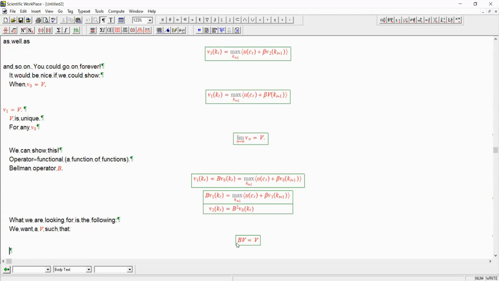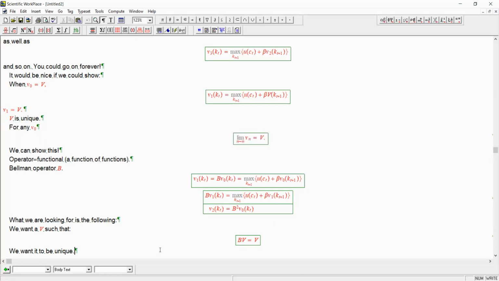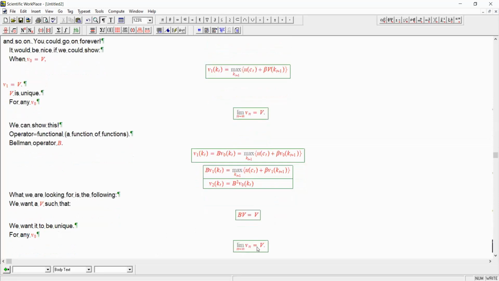Second, we want it to be unique. That would be wonderful. And third, we want this condition for any value of V0 that we start with, we converge to V. That's the same thing as saying that we're applying the Bellman operator infinitely many times to V0. So we can just write this as follows. Starting from any V0, apply the Bellman operator infinitely many times, and you'll converge to V.